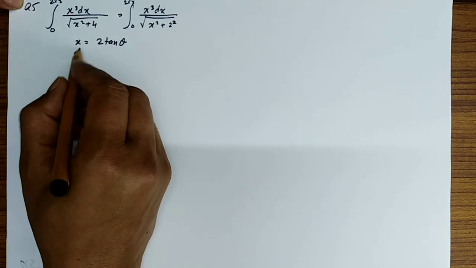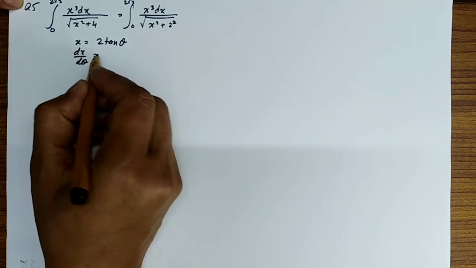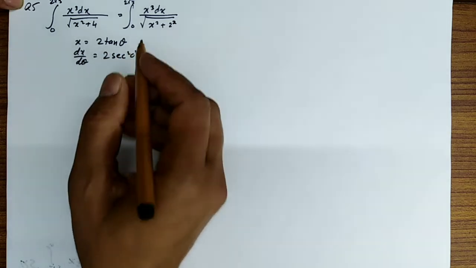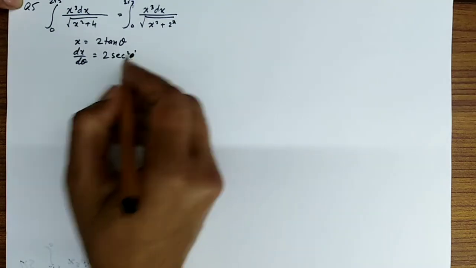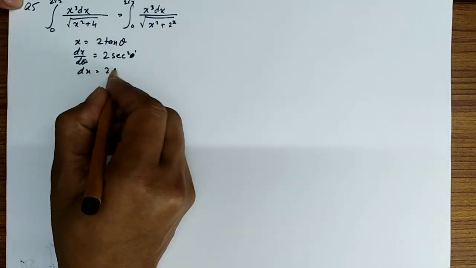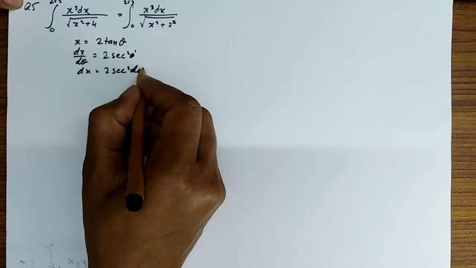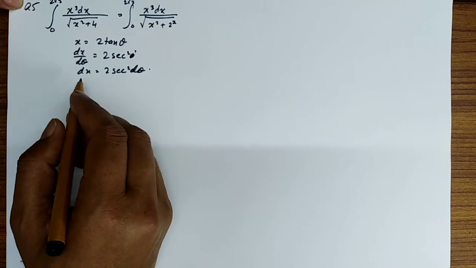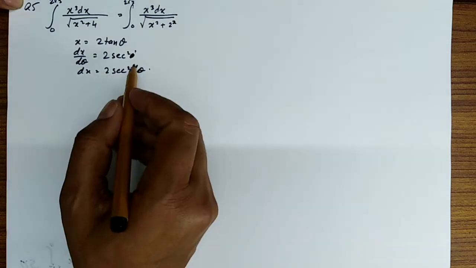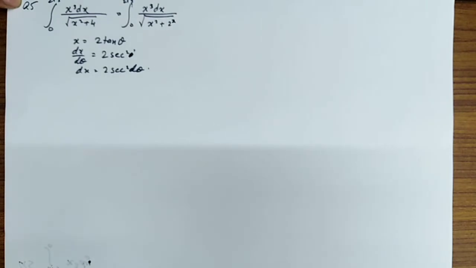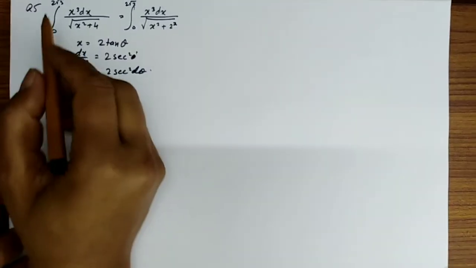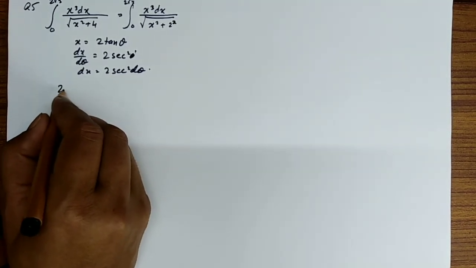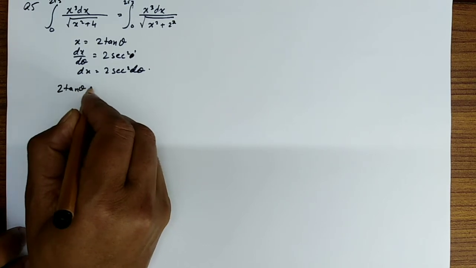So taking the derivative dx upon d theta, that gives 2 sec square. Okay, so dx here is 2 sec square d theta, right? Now let's put the value in the given expression. Now changing the limits also, 2 tan theta is equal to x.